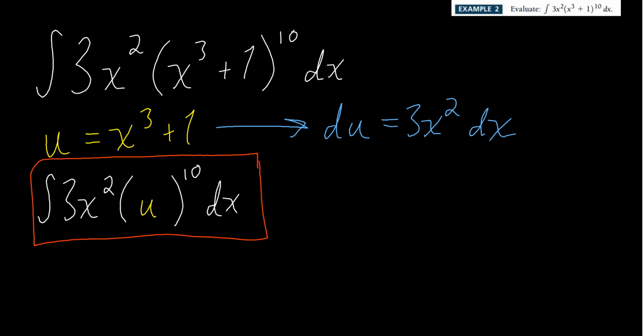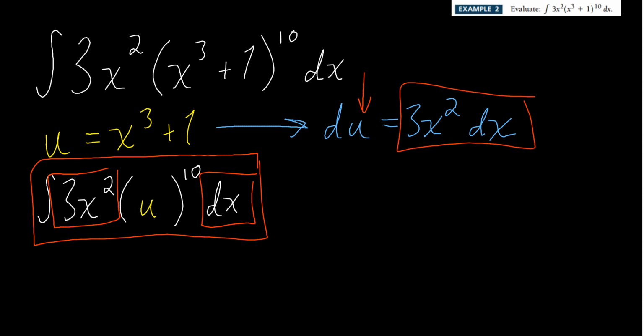Well, we have a 3x squared here and we have a dx. If we look at the substitution up here, it just so happens that du is equal to 3x squared dx, which is exactly what I'm wanting to take out.